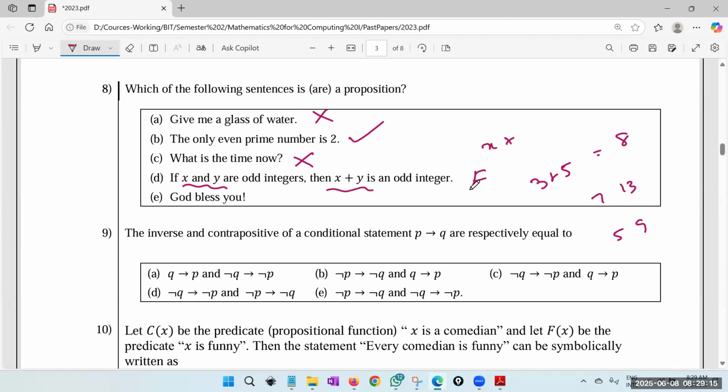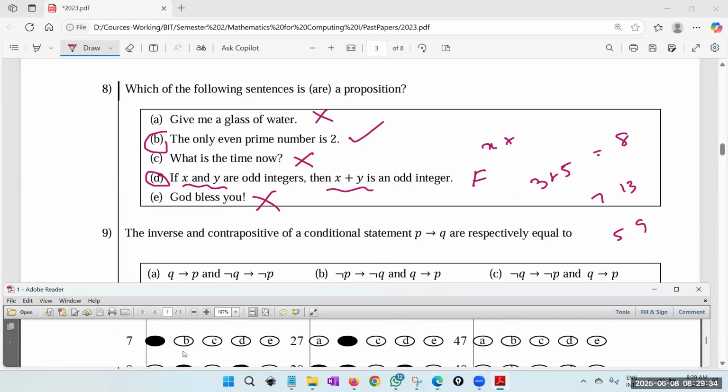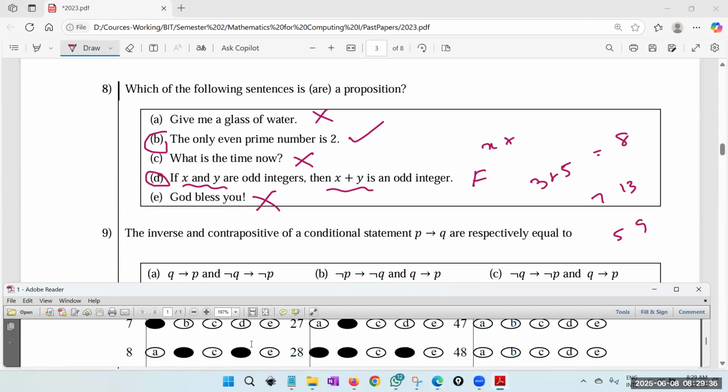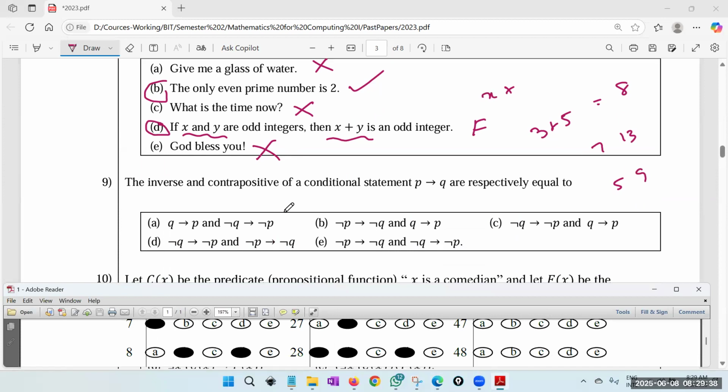So I'll go for this as a false proposition. Wishes are not propositions, like good morning, God bless you. So I'll go for B and D. Is it clear?